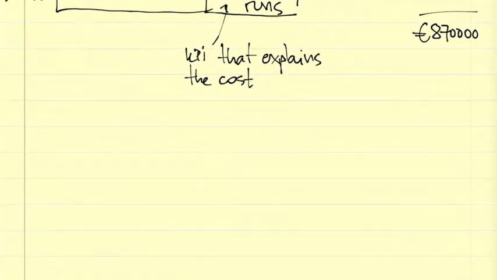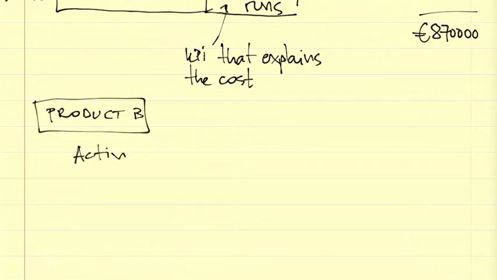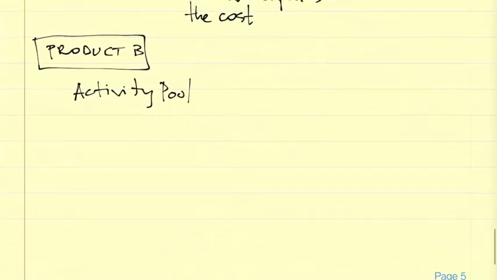So we continue with product B. Same thing. We have the activity pool, number 17. I don't repeat all the information.